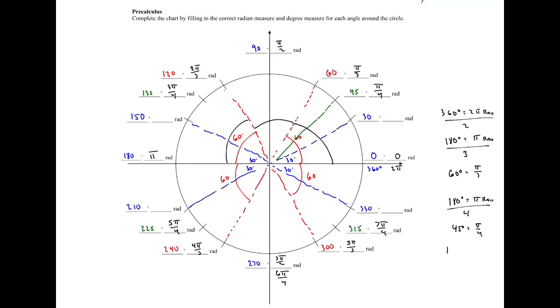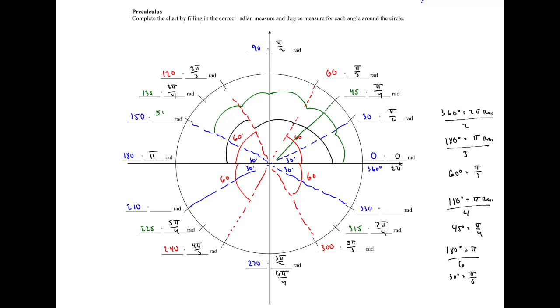And so lastly, now we can look at our 30s. If we divide by 6 here, 180 divided by 6 is 30 degrees, is pi over 6. So all your 30 degrees have to do with pi over 6. And so as you work around the circle, this would be 1/6, 2/6, 3/6, but you already have those. Then this is 4/6, which reduces, then 5/6.